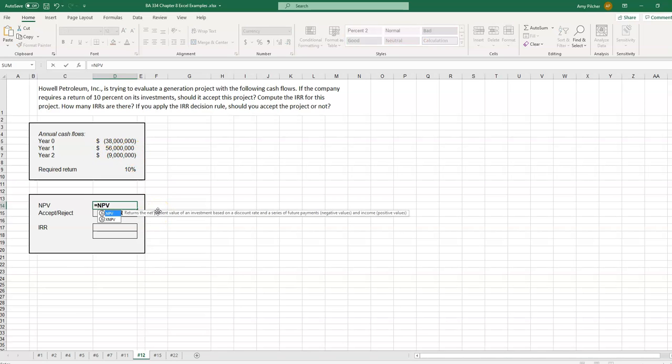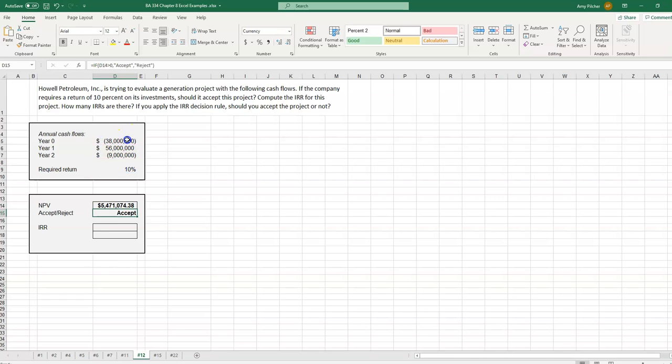So the net present value at 10%. So this project has a positive net present value of $5.4 million.